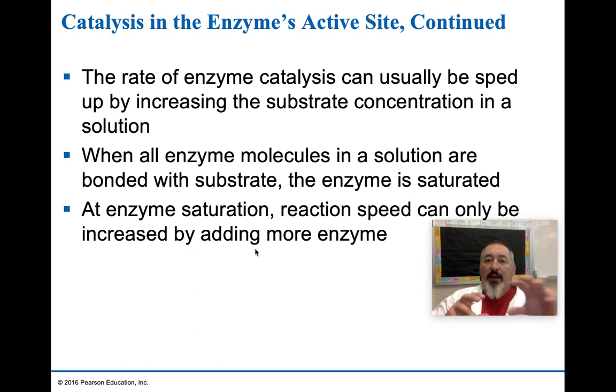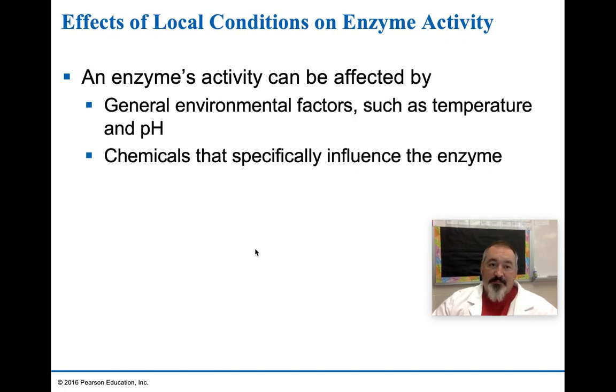The more finders that you have working around, the more substrate they'll find, and that will increase the rate. So we're looking at ways of increasing the enzymatic rate of catalysis. You would increase that by saturation of substrate and then increasing the amount of enzyme. That's what would get us a higher rate.